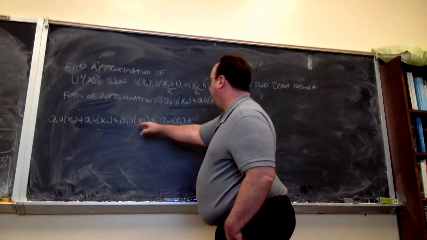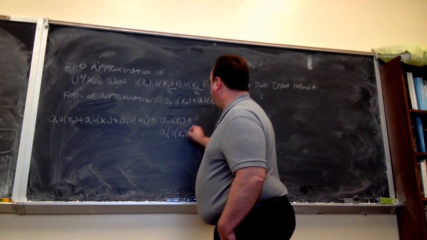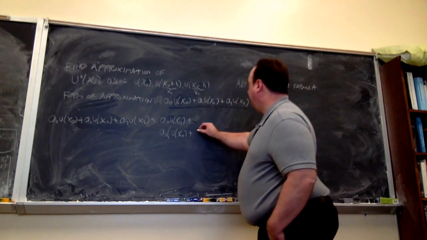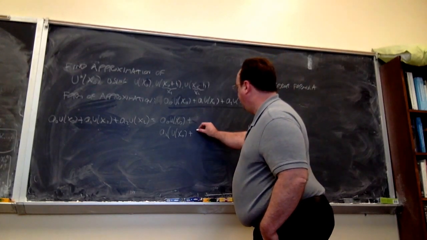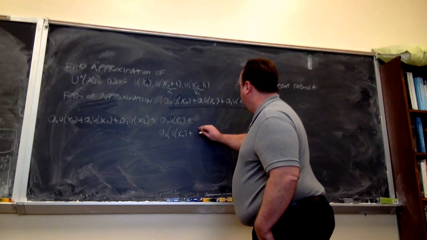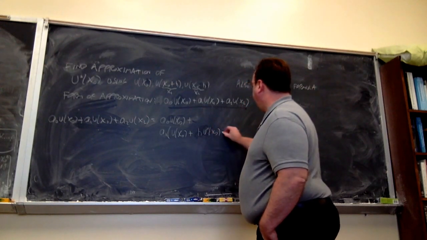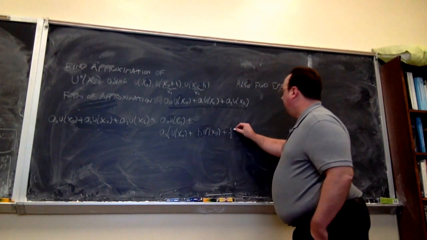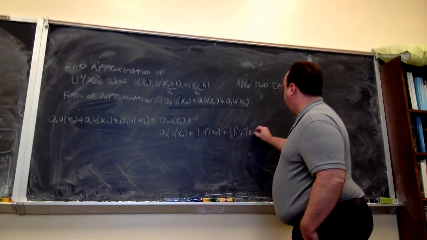And then for the next term, I'm going to have a1 times, so I expand around x naught. Now x1 is x naught plus h. So that spacing goes here. I'm going to have 1/2 h squared u double prime.